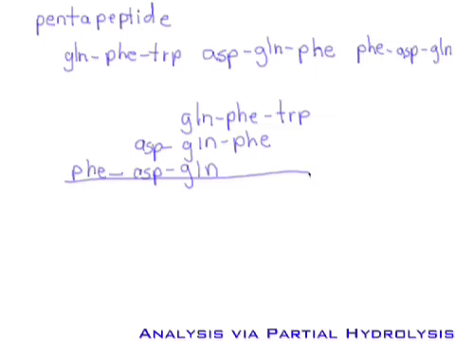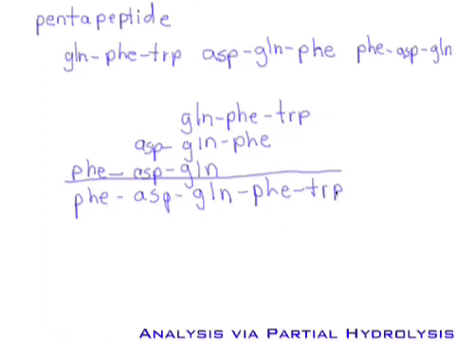So when we were partially hydrolyzing our pentapeptide, different pentapeptides broke up in different places to yield the different tripeptides. Notice this has 1, 2, 3, 4, 5 amino acid residues, so it's a pentapeptide.